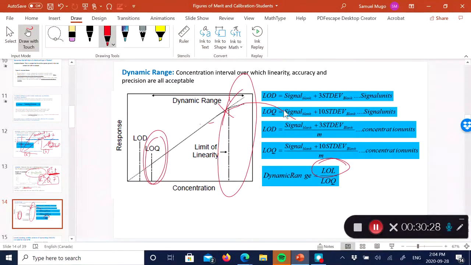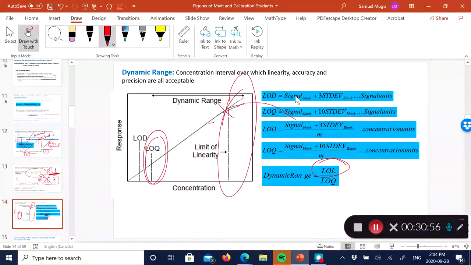Now, on the other hand, the limit of detection, which you can see is very similar to the limit of quantification in terms of the quantitative calculation. The only difference is, instead of 10, you've got a multiple of 3. And so qualitatively, the limit of detection refers to the lowest concentration that your analytical method can detect. So note the difference.